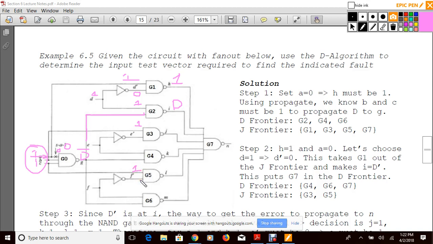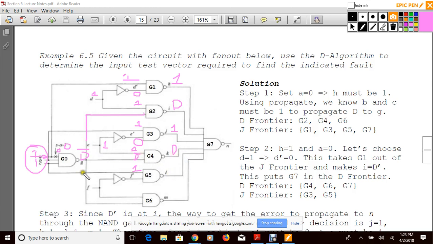See how that works? So then what ends up happening is I have 1 here and I want to propagate a 1 here on the output since I don't have an error on any of the inputs. So I have to have E bar equals 0, therefore E equals 1. That puts 1 there, puts D bar here, and gives me D, right?